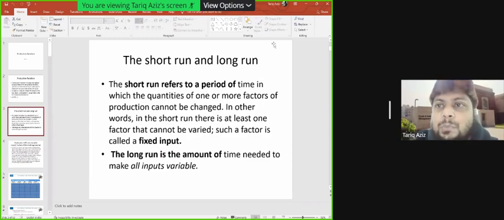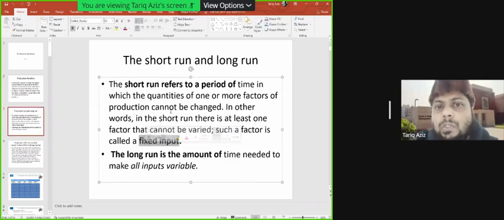The short run refers to a period of time in which the quantities of one or more factors of production cannot be changed. In other words, in the short run, there is at least one factor that cannot be varied. Such a factor is called fixed input. So a short run period is defined as a period in which one or more factors cannot be changed, and such factors are known as fixed input.